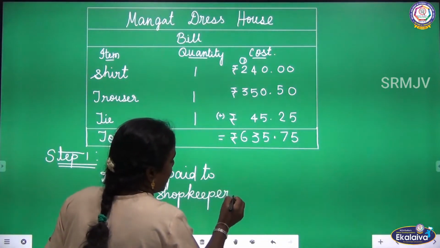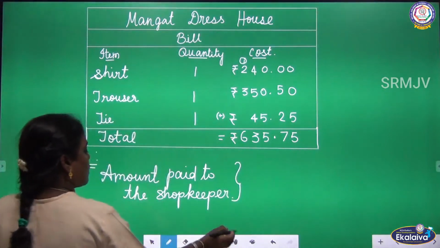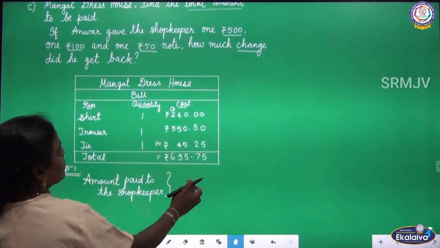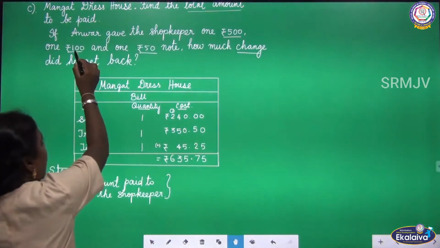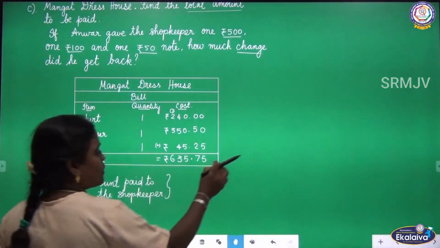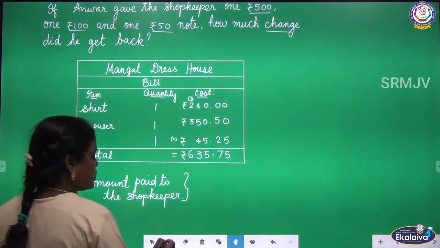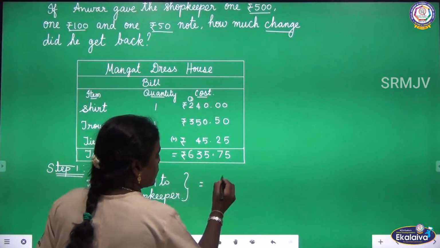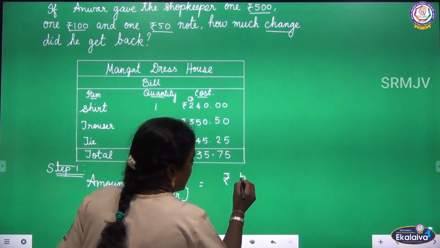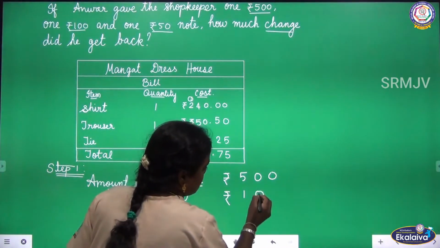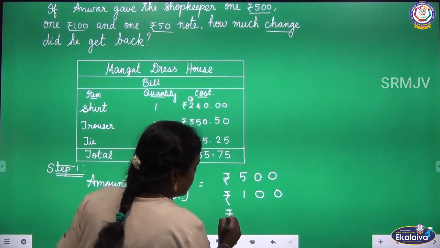We are going to add these 3 amounts: rupees 500, rupees 100 and rupees 50.